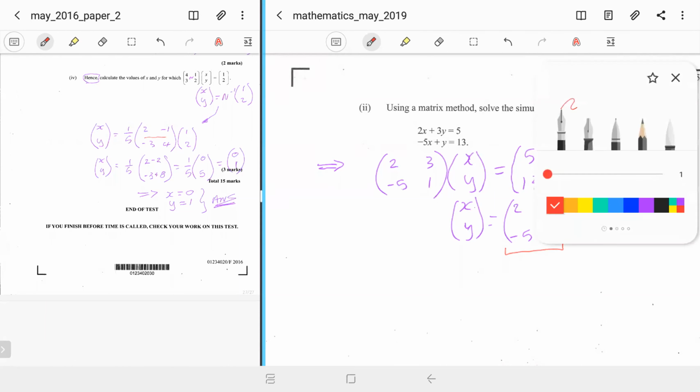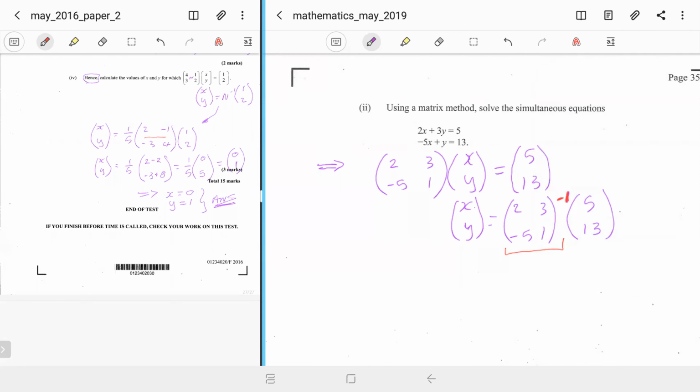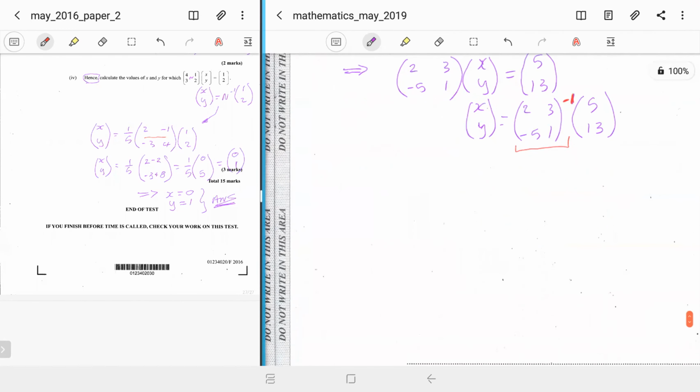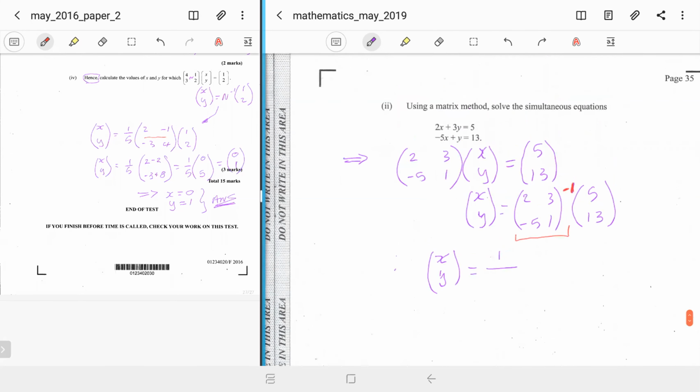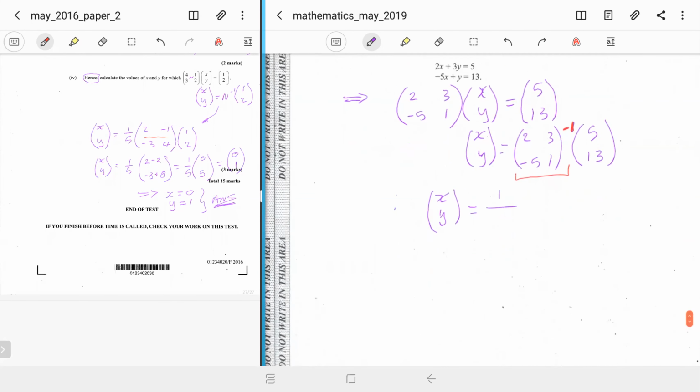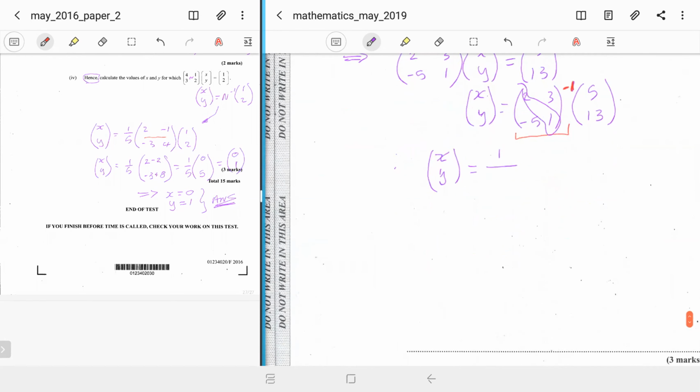All right, let's work it out. So (x, y) equals the inverse of this matrix. It becomes 1 over the determinant. What's the determinant? This product minus this product. The matrix is 2, 3, minus 5, 1. So 2 times 1 is 2, minus this product, negative 15.